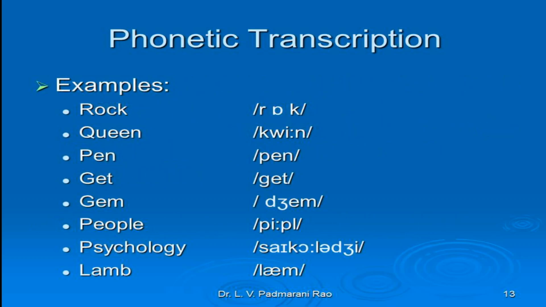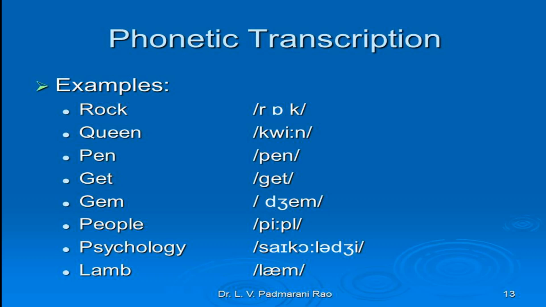Look at these examples. ROCK is the spelling. And phonetic transcription is exactly the way we pronounce it. ROCK, in the pronunciation of it, you have the R sound, O sound, and K sound. So in transcription, you just have used 3 sounds instead of 4 letters that you have in the spelling.